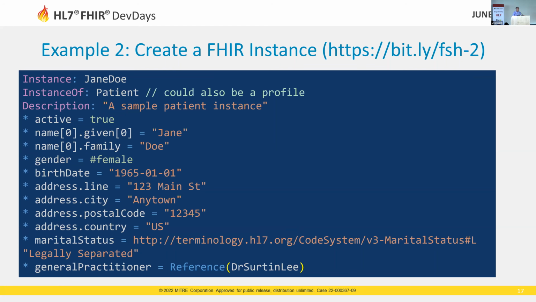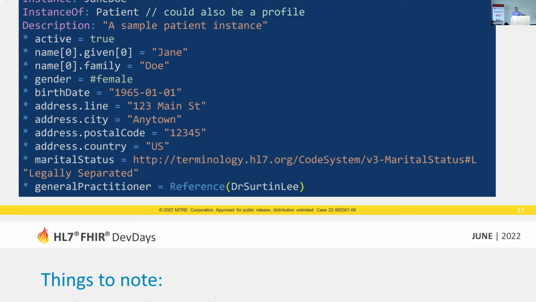That's a code taken from the required code set associated with the gender element within patient. And there's no code system there because you don't have a choice. Because the code system is defined within the patient resource, you don't have to specify the code system. It makes a smart assumption.